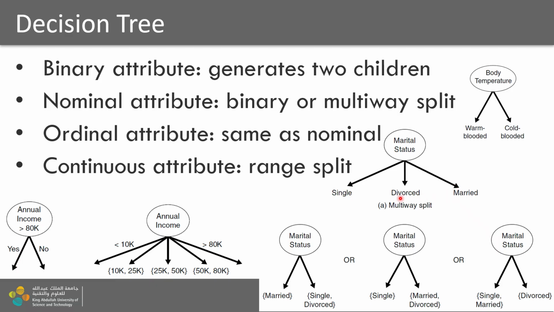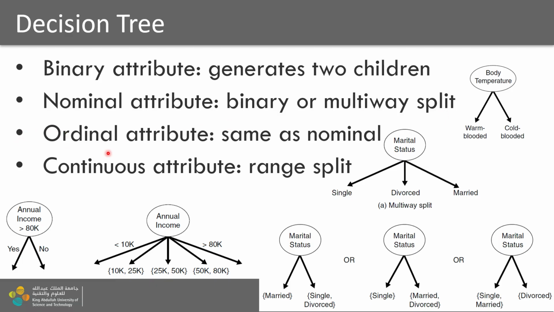However, we can also decide to go only for a binary tree representation, and in such a case we can just group. Let's say married is separate, and single and divorced are together, or single is one category and the other is married or divorced, or single and married together and another category is divorced. So we can choose any of these options for the nominal attribute.